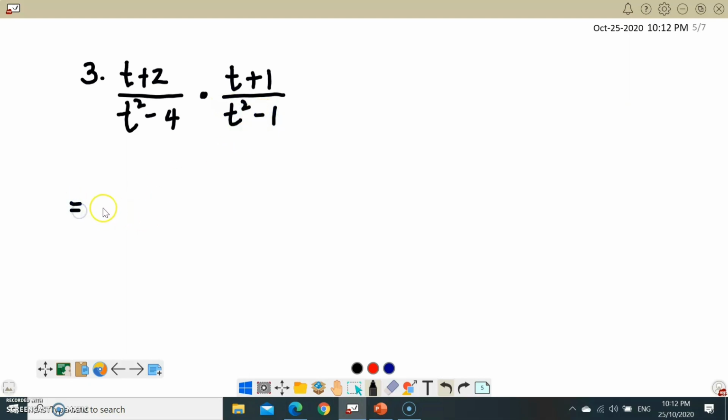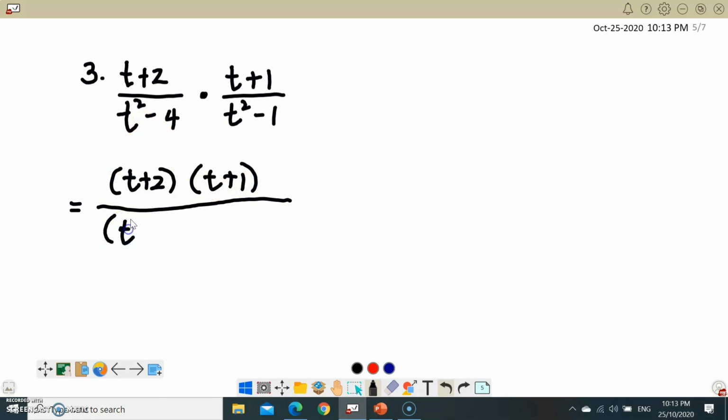So we multiply the numerators. We now have t plus 2 multiplied by t plus 1 over, multiply the denominators, t squared minus 4 multiplied by t squared minus 1.